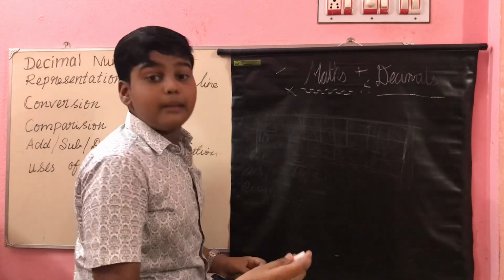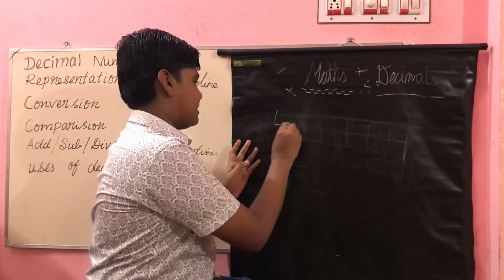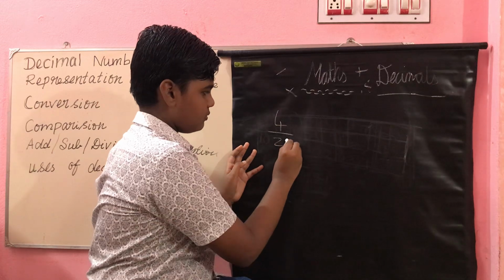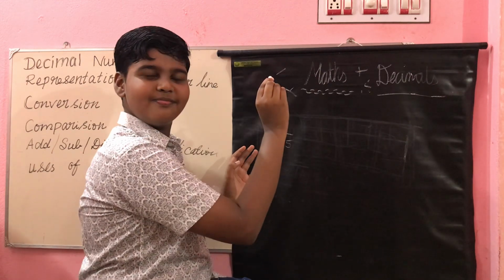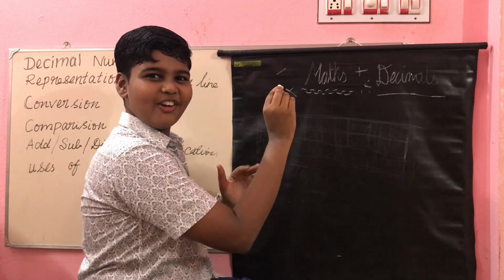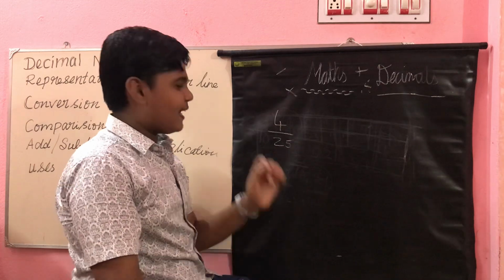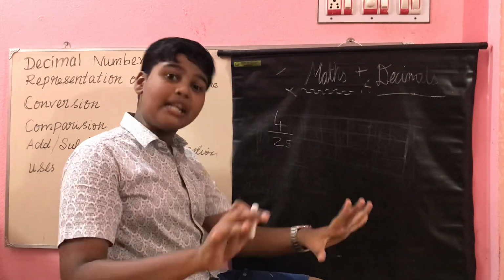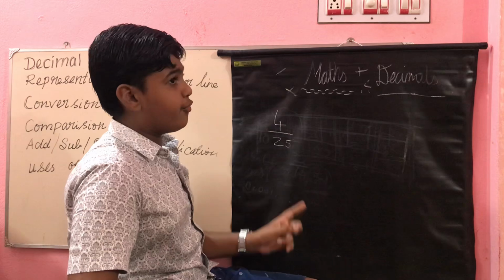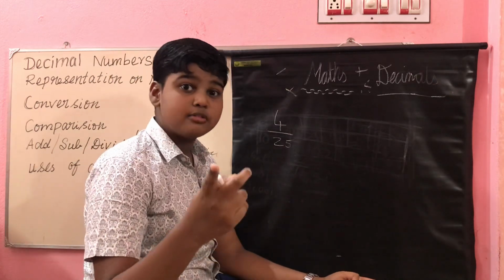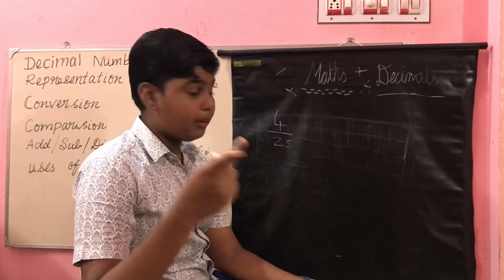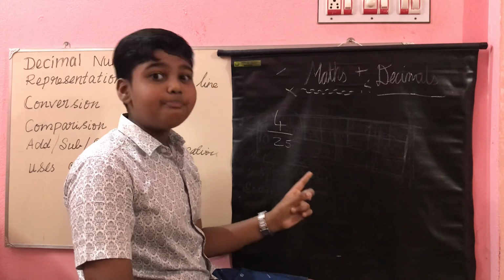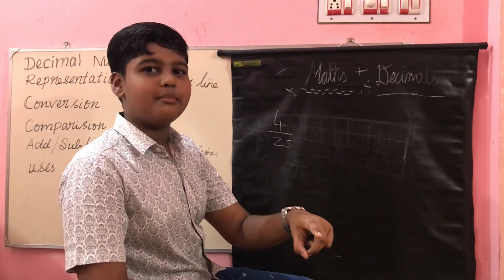Now, what are the numbers like this? You're getting confused? Easy. I'll tell you how. So, you know tables. Then it will be very easy for you. So 4 by 25. I have told you about equivalent fractions. You remember? Even if it's like this, it can be converted into a decimal number.